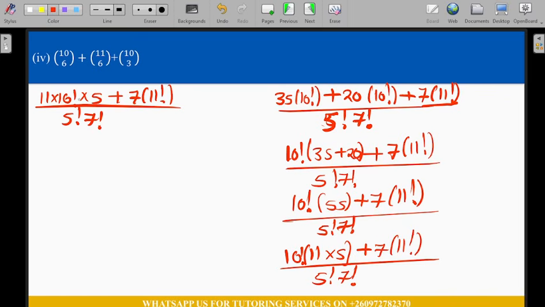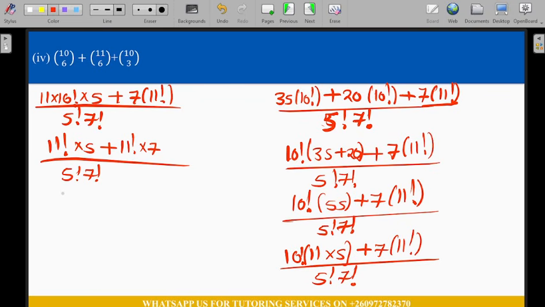Now 11 times 10 factorial can be combined and written as 11 factorial, now times 5, plus here I'll start with 11 factorial times 7 over 5 factorial 7 factorial.